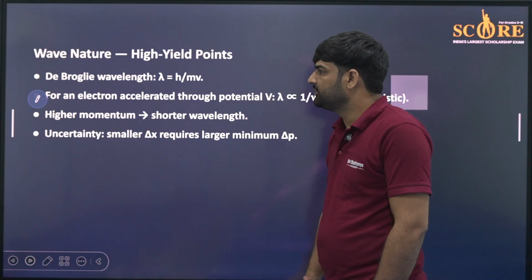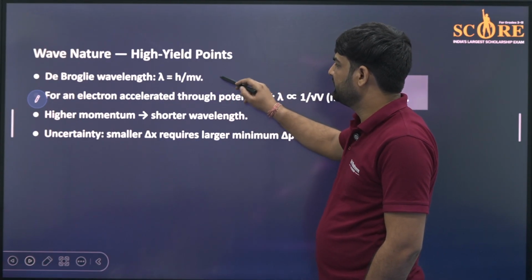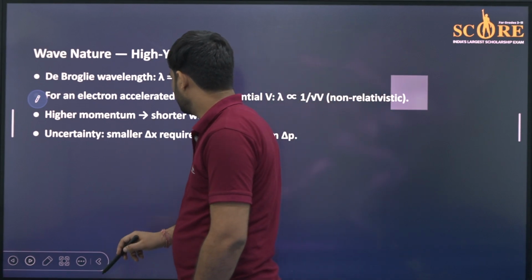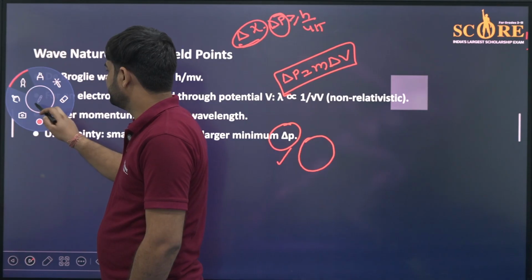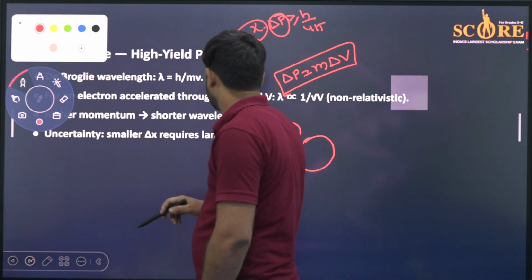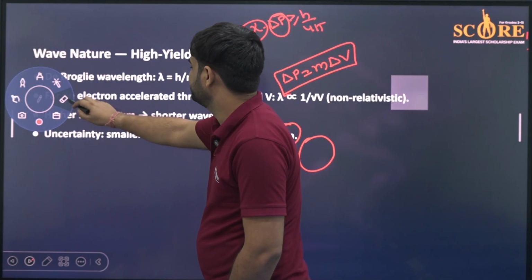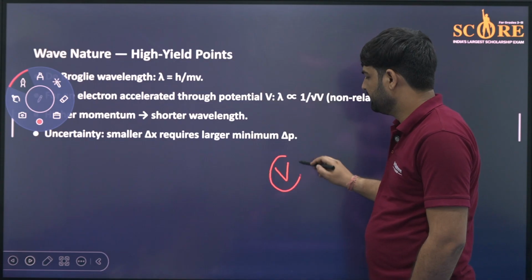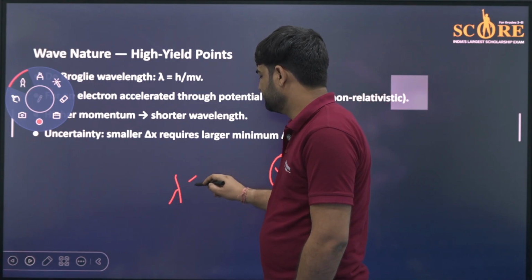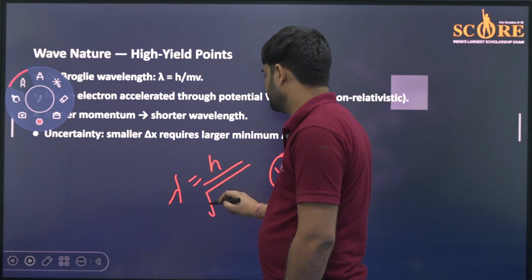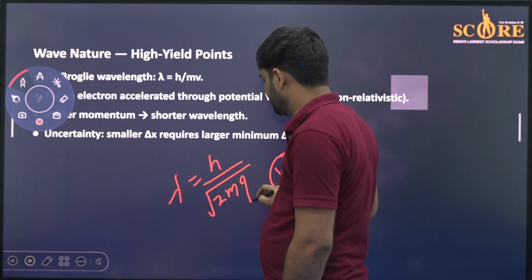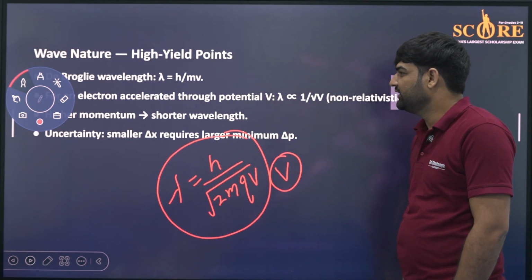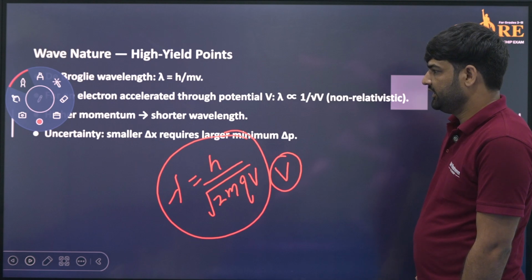De Broglie concept has lambda equals h upon mv. For an electron accelerated through a potential difference of voltage V, lambda equals h upon root of 2m times kinetic energy, and kinetic energy will be qV. q is charge, V is voltage difference.